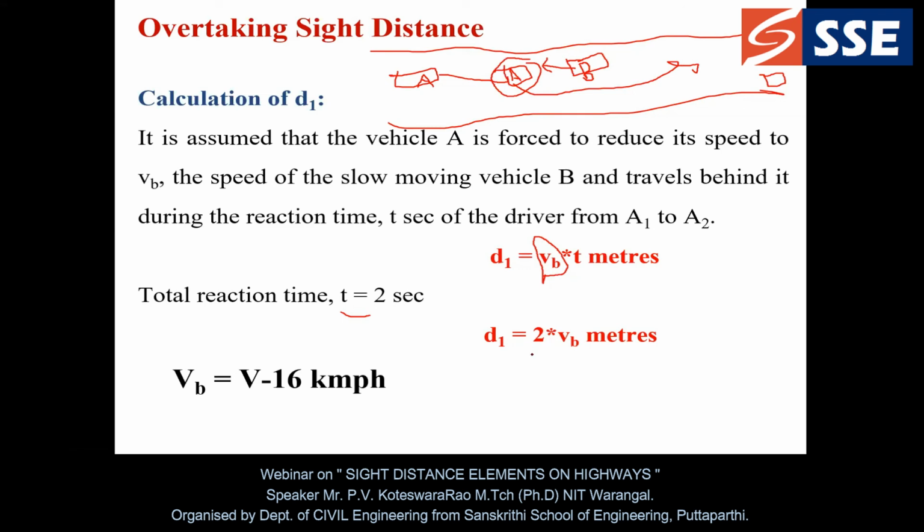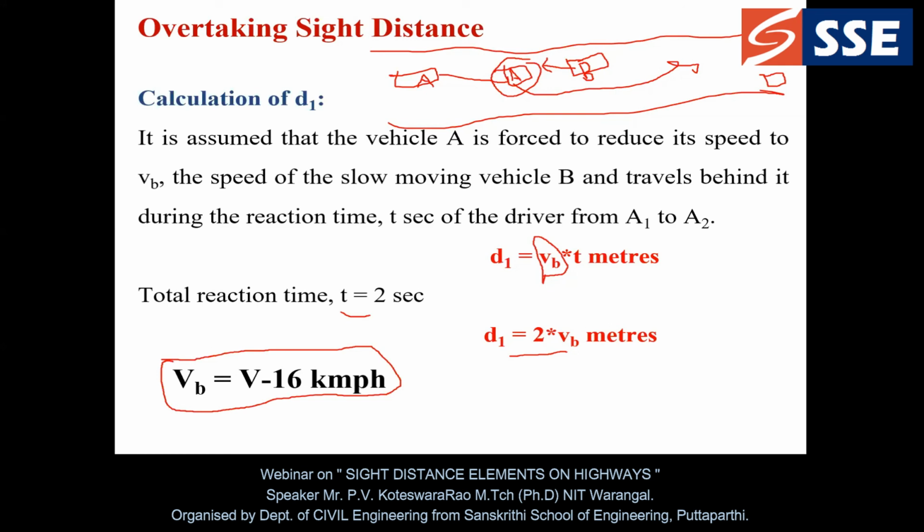This is in meters per second. And if you know the velocity, then we can have the VB equal to, please observe, this is the thumb rule. Please listen. In some of the problems, they won't give the velocity of the overtaken vehicle or slow moving vehicle.